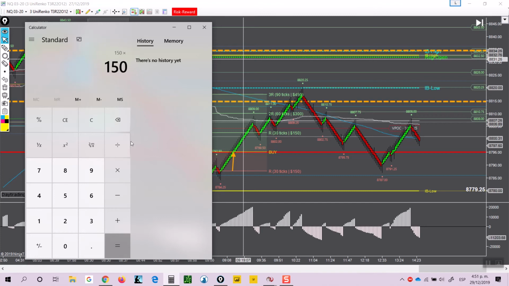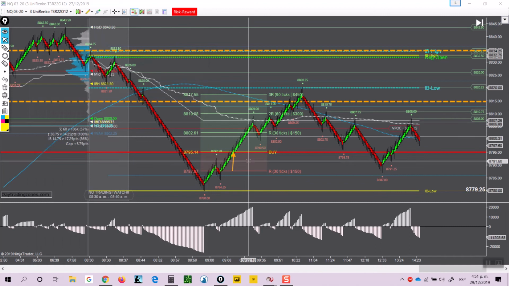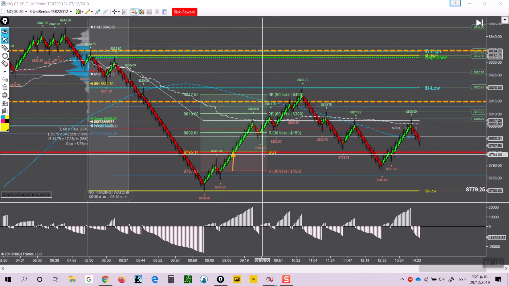$150 per contract, trading 5 contracts, that's $750 times 3, that's $2,250. Have I reached that? If I had taken this trade entering this level, yes, I have. Why?